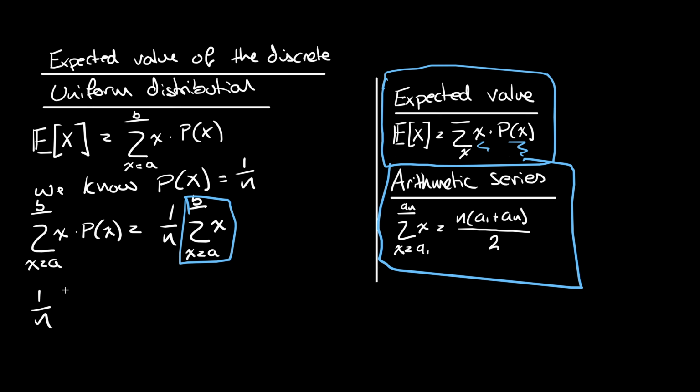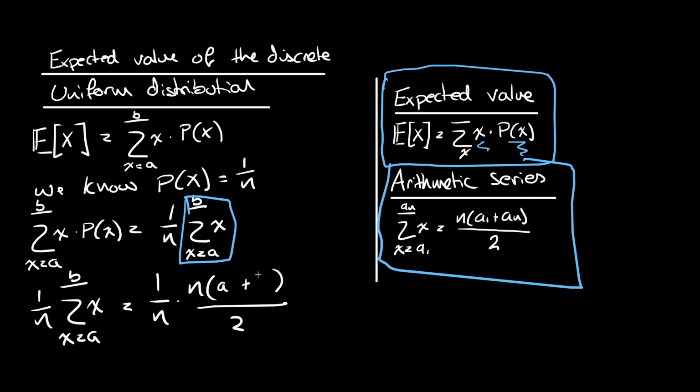So putting this together, inside the brackets we need the first term of the sum and the last term of the sum. That will be a and b. So the n's will cancel out here, and we'll be left with a plus b over 2. This is actually the midpoint of the interval that starts at a and ends in b.